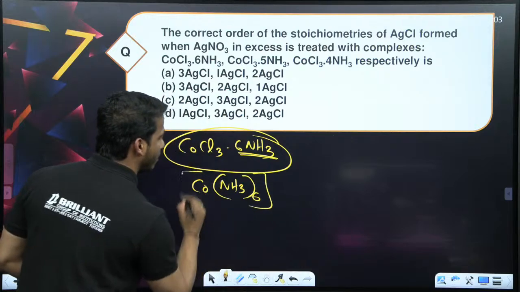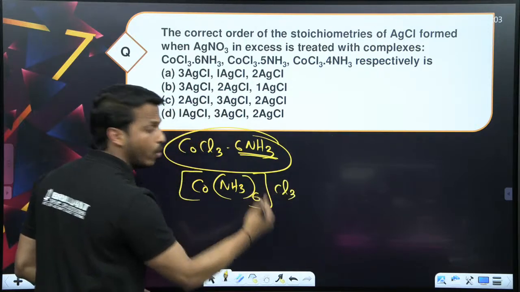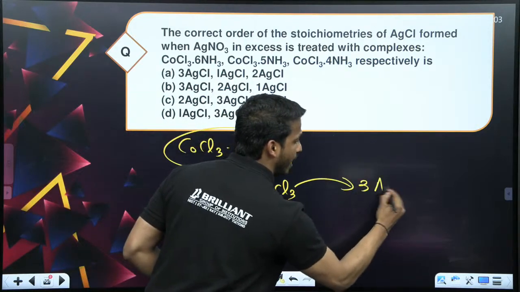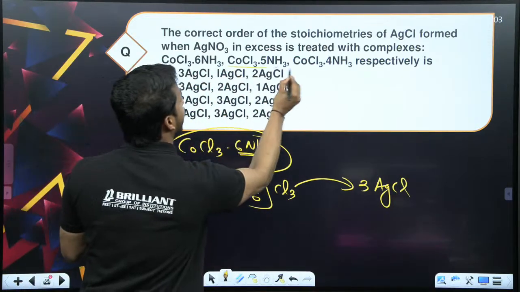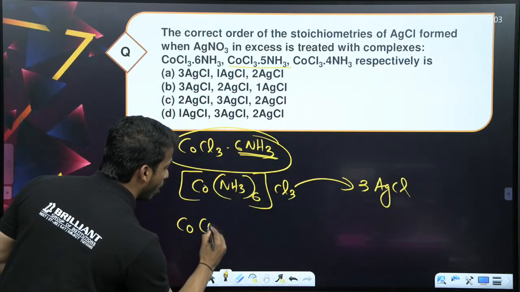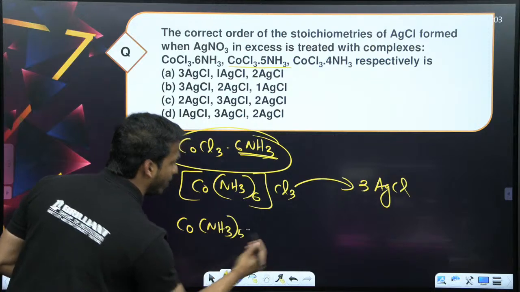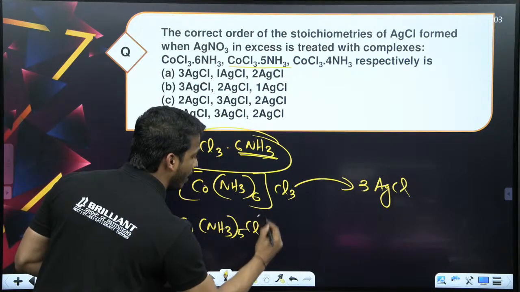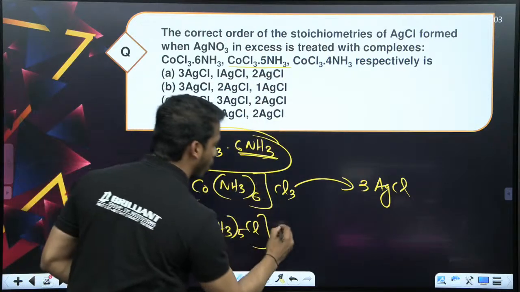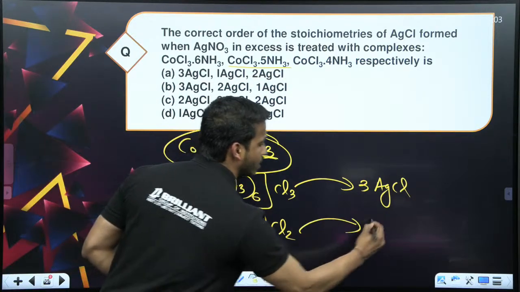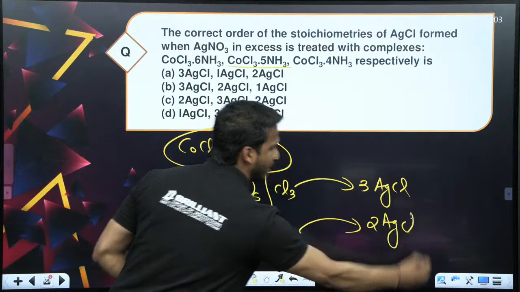NH3 6 times and 3 chlorine will be outside. 3 chlorine outside will give you 3 AgCl. The second complex is CoCl3·5NH3. So Co will combine with those 5 NH3 and 1 chlorine we can put inside because the maximum coordination number is 6, and 2 chlorine outside. So 2 chlorine outside will give you 2 AgCl.